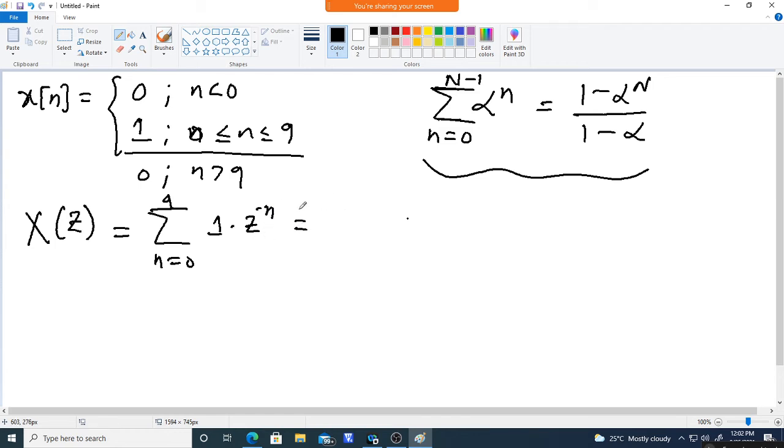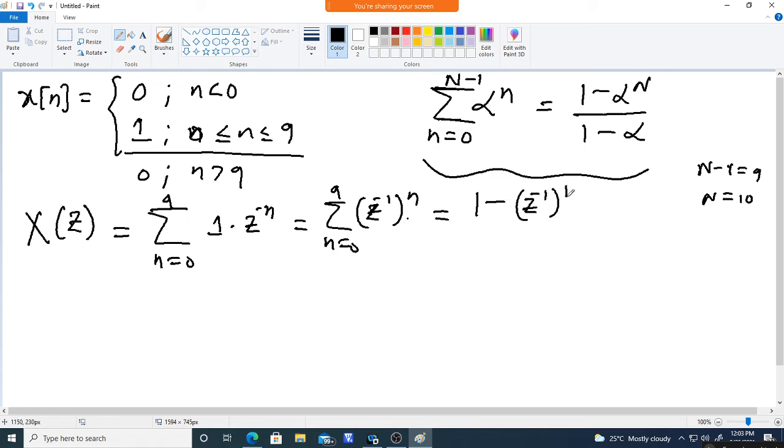So we have the summation over n equal to 0 to 9 of Z power minus 1, whole power n. What is the value of N? N minus 1 is 9 in our case, so N equals 10. So we get 1 minus Z power minus 1, whole power 10, divided by 1 minus Z inverse.